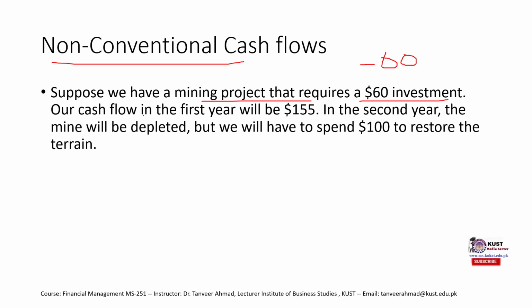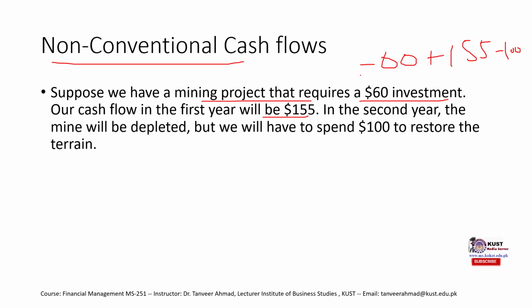Our cash inflow for the first year would be 155. In the second year, the mine would be depleted, and the law requires us that we need to refill the mine. We need to close the mine, and for closing the mine, it would again require some capital. So we would again have a negative cash outflow of 100.